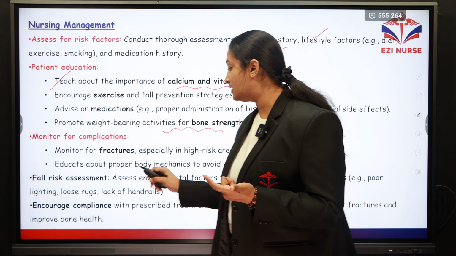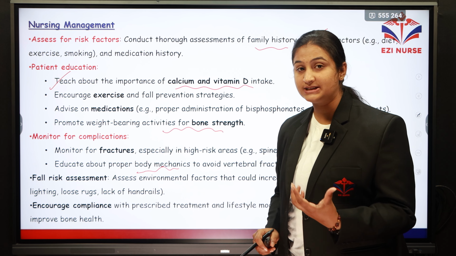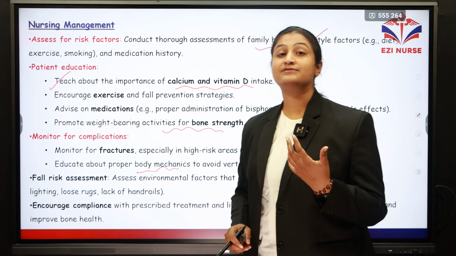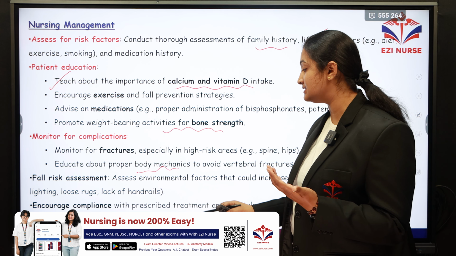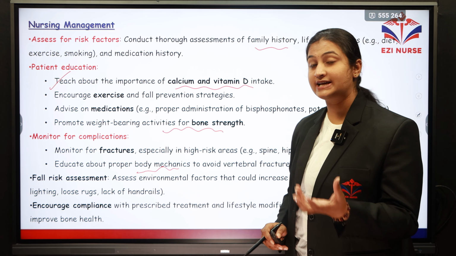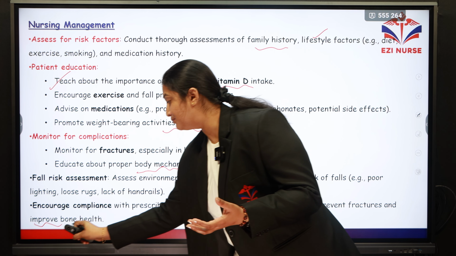Then educate about proper body mechanics to avoid vertebral fractures. Then do fall risk assessment, and encourage compliance with the prescribed treatment and lifestyle techniques that are very good for improving bone health.